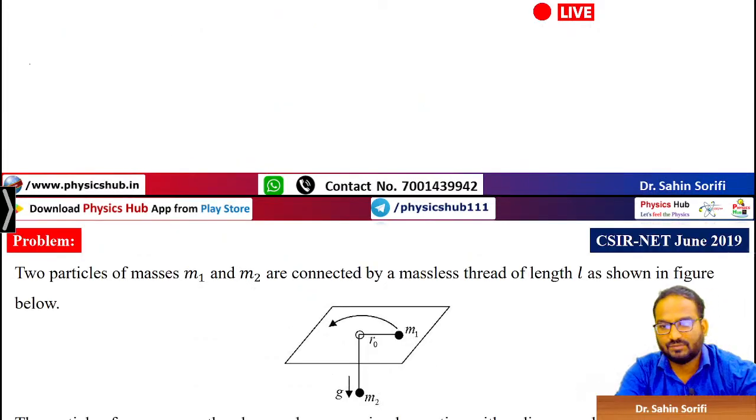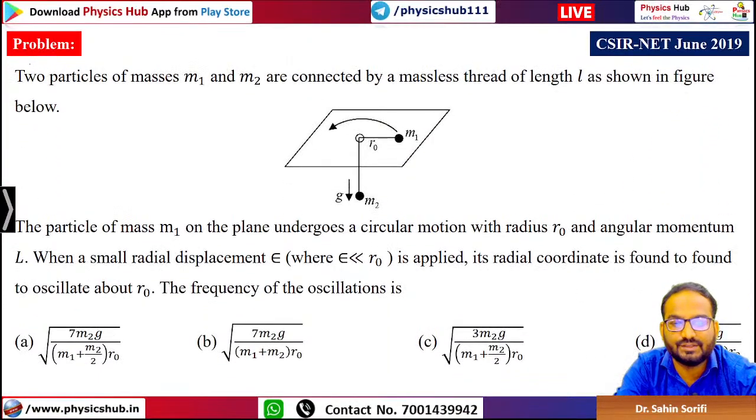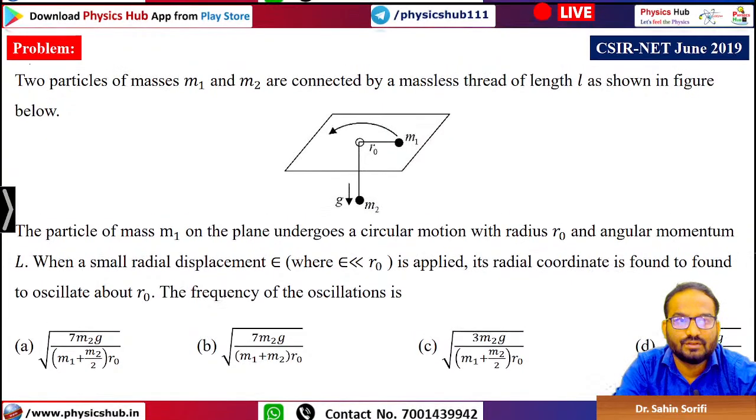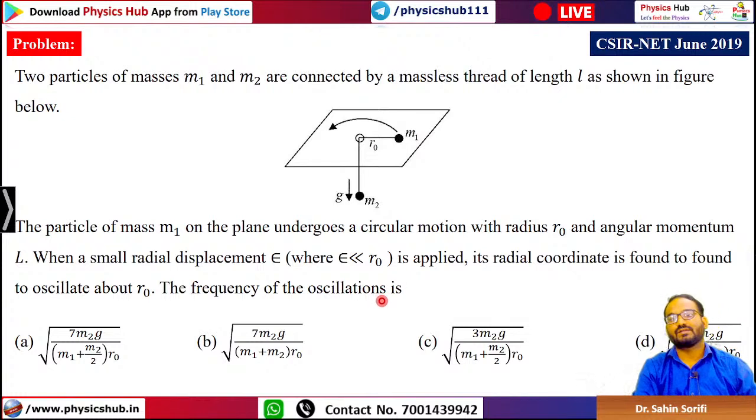Okay, one last problem from this particular topic. This came in June 2019. Read this question out. Two particles of masses m1 and m2 are connected by a massless thread of length L. You see m1 and m2, and this is some platform with a hole, and through this hole you can see a thread.